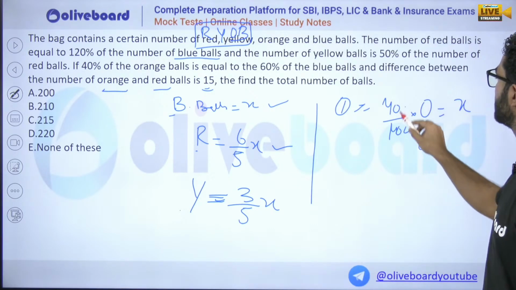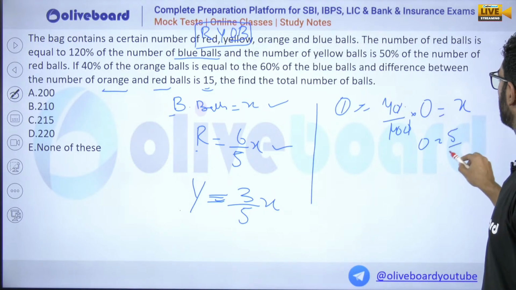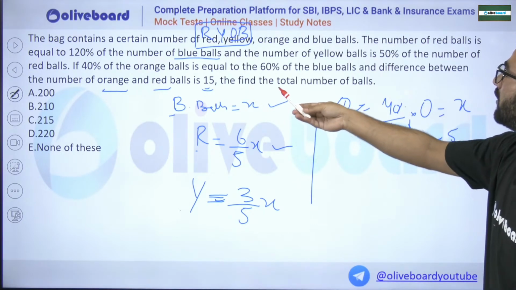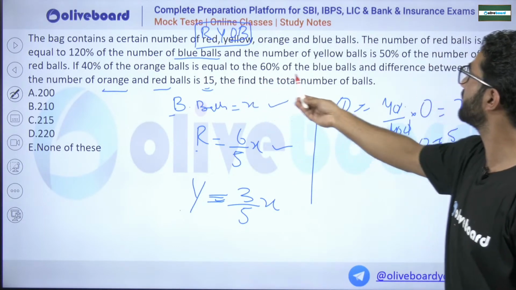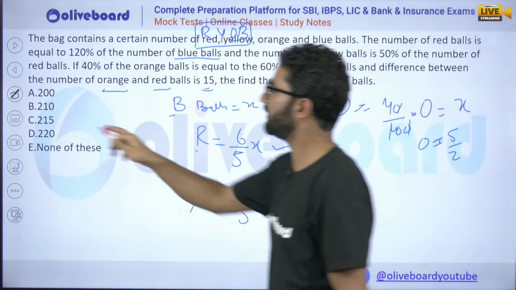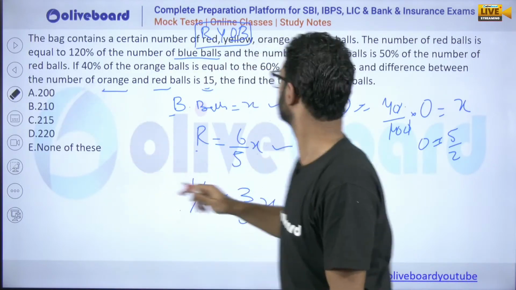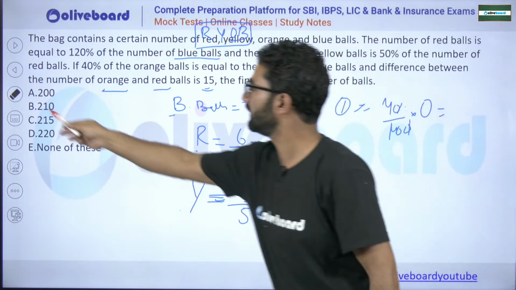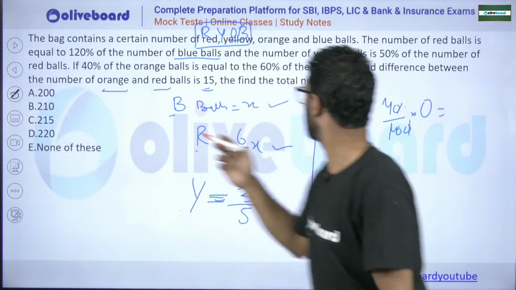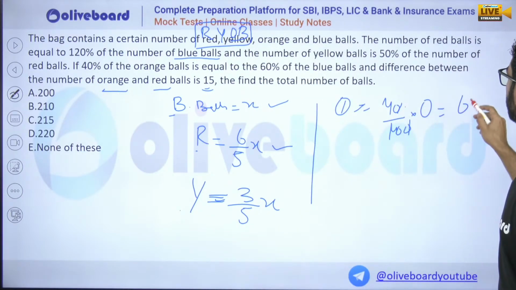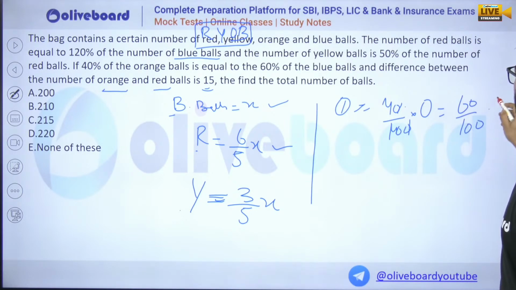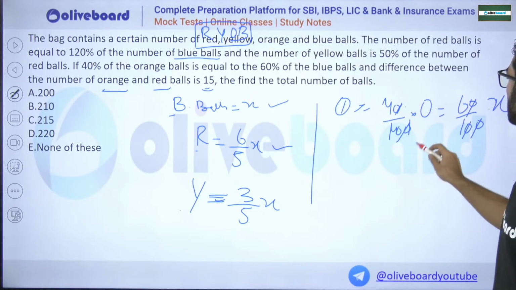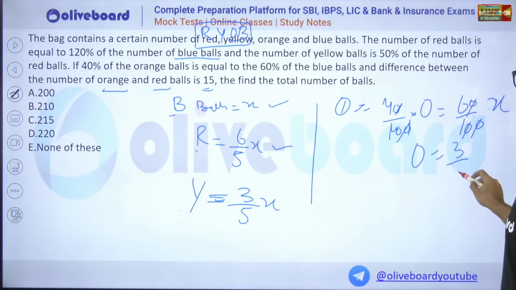Sorry, it is 60 percent. So 40 percent of orange balls will be 60 percent of the blue balls, that is x. You can calculate this. So orange balls we have 3 upon 2 x.